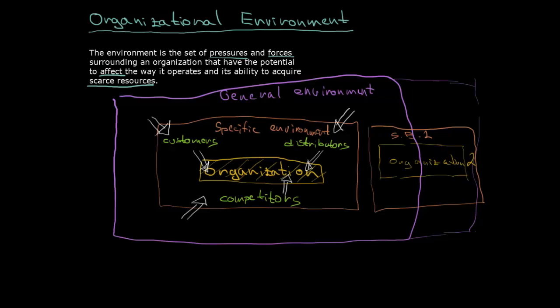And then this broader context of the general environment would also be affecting the specific environment of another company. So you can think about the general environment as a context which is affecting the specific environment, or affecting all of the organizations that are operating within this environment.